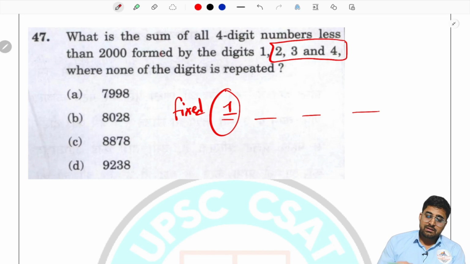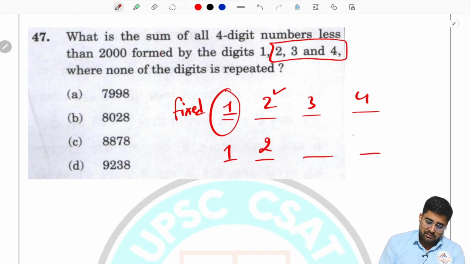So how many combinations are there to put these numbers? Let us put like this first. Now, we will fix 2 and we can write this also.